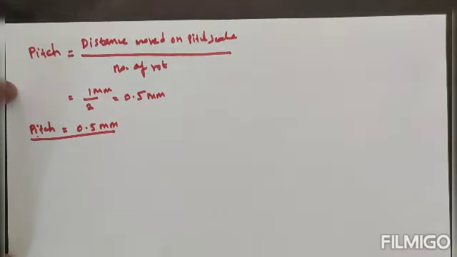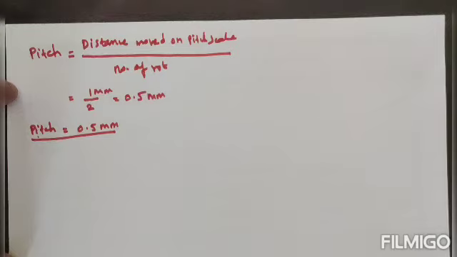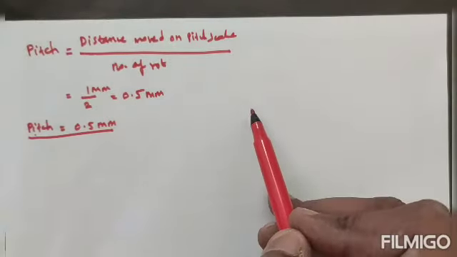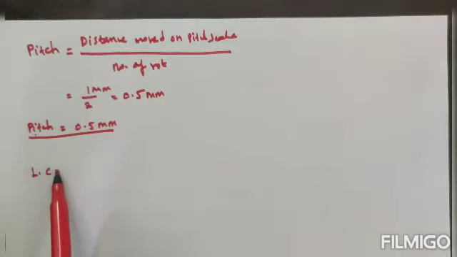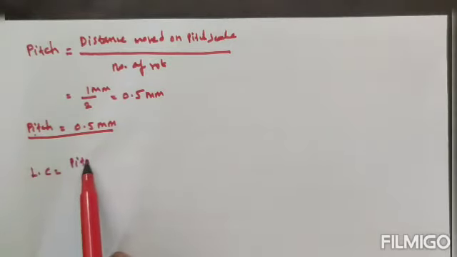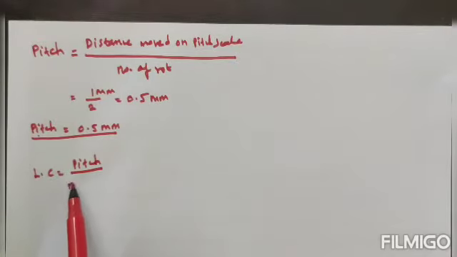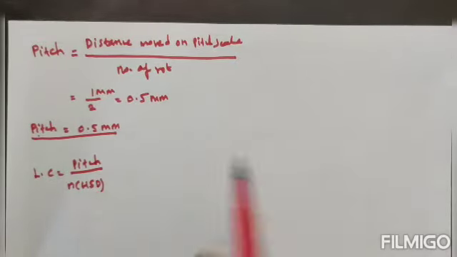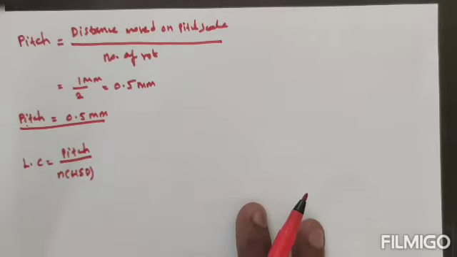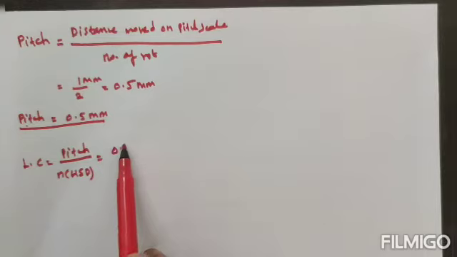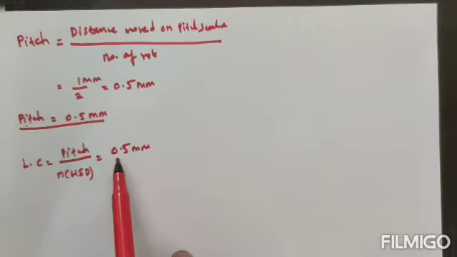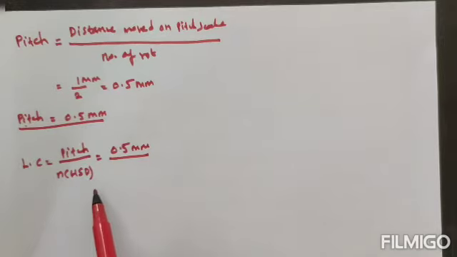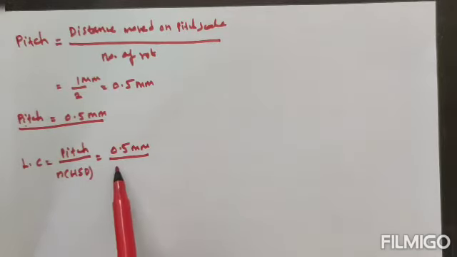Next in this question, the total number of divisions on the circular scale is 50. So we can find the least count. The least count formula: least count is equal to pitch value divided by the number of head scale divisions, or circular scale divisions. The pitch value is 0.5 millimeter, divided by 50, as given in this question.